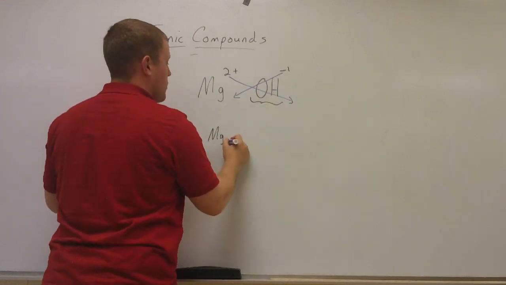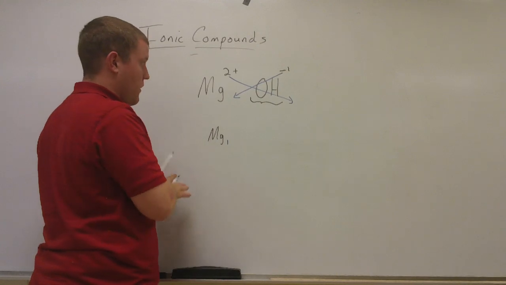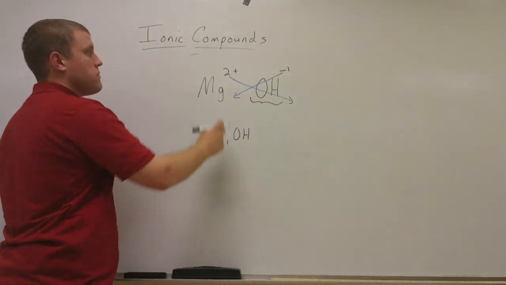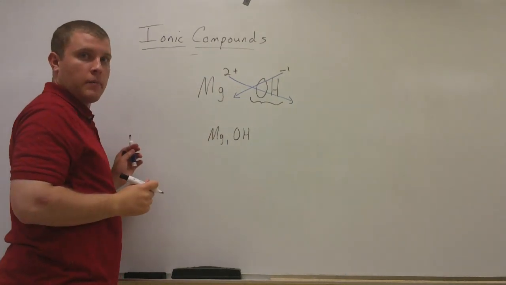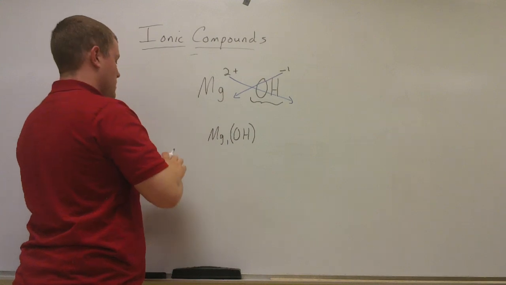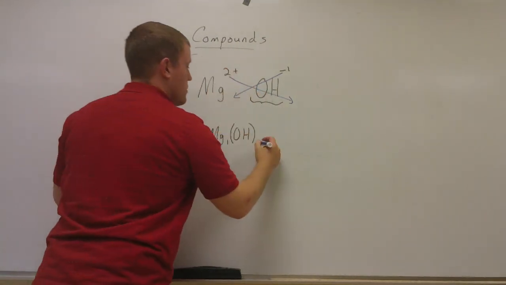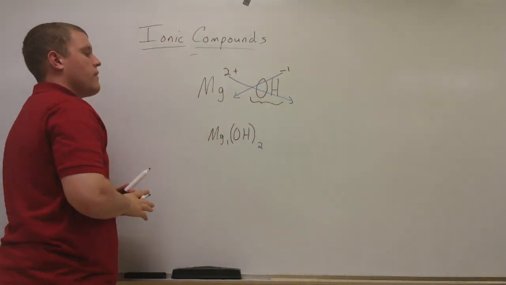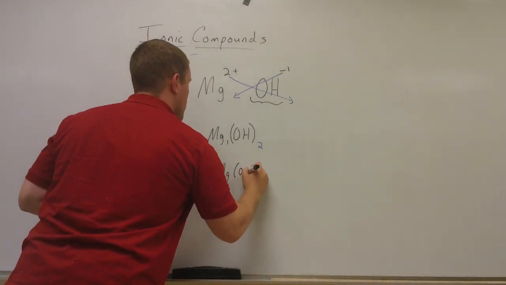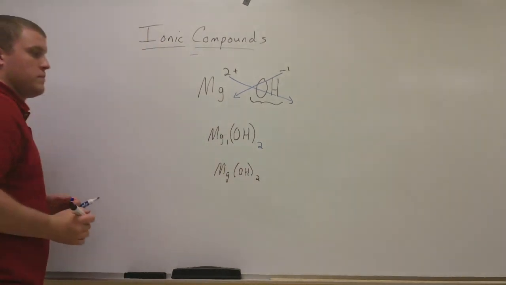For now, I'll put a 1 there, and I'm going to erase it later. When you have more than one common polyatomic ion, you separate it with parentheses, and there are 2 hydroxides. So the final formula for magnesium hydroxide is going to look like this.